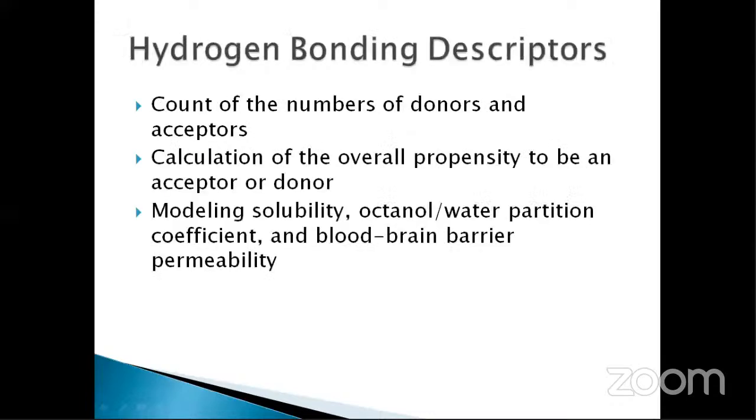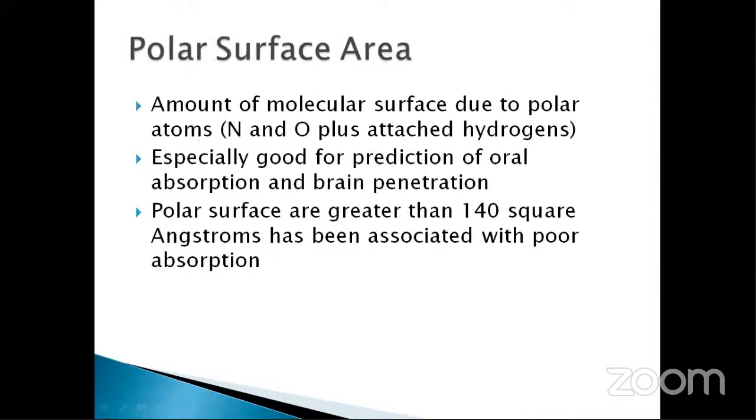Hydrogen bond description: count the number of donors and acceptors, and calculate the overall propensity to be an acceptor or donor. Modeling solubility: the octanol water partition coefficient, and the blood-brain barrier permeability.